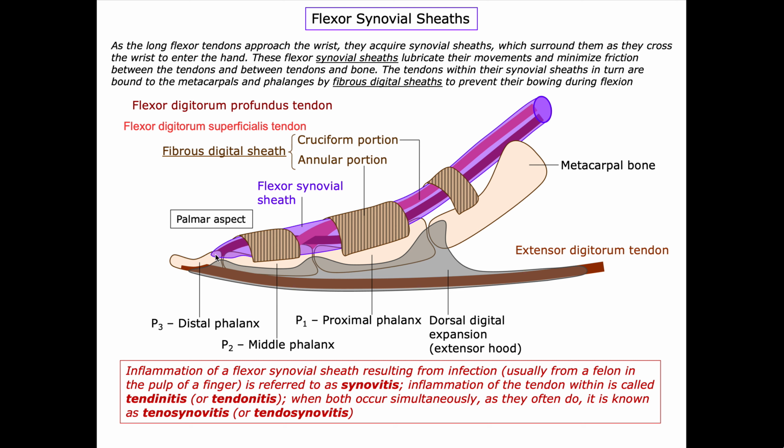If the infection involves your synovial sheath, we call it synovitis, and if it involves only your tendon, we call it tendinitis, and together they are known as tenosynovitis or tendosynovitis. And remember, these infections are not only localized within the synovial sheath, they may traverse up and go to the forearm. There are certain spaces. We have talked about those spaces already.